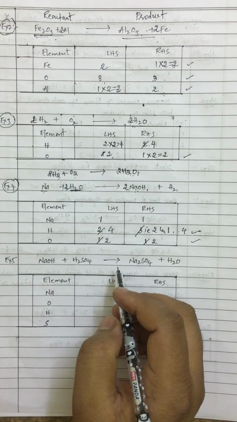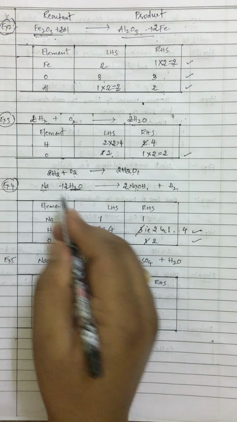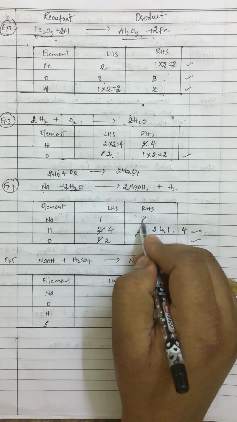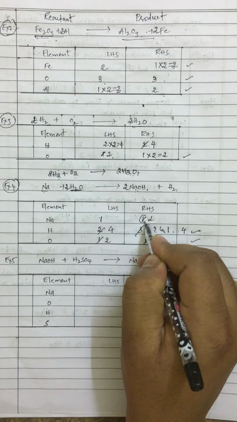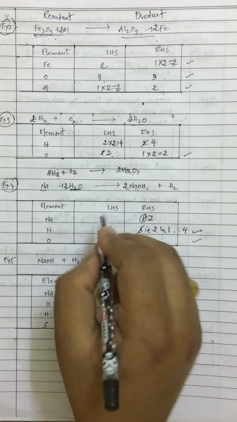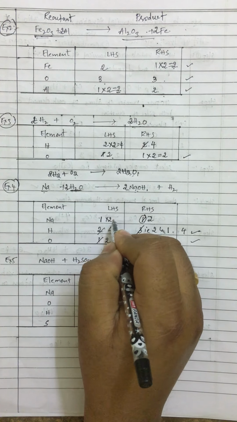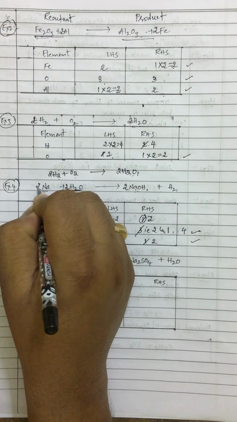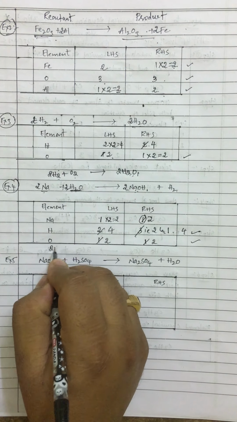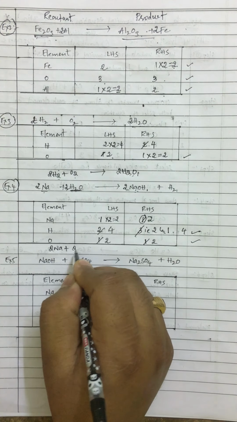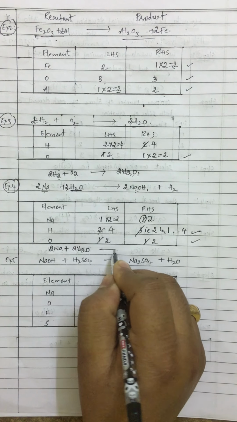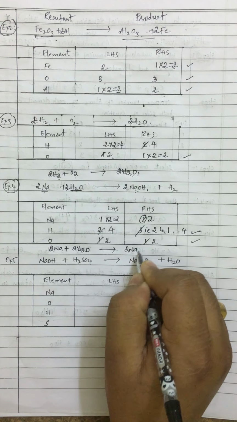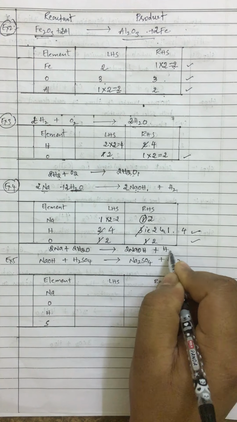Oxygen atoms are balanced. Now sodium, 1 on the left hand side, but we now get 2 on the right hand side. So we multiply with 2, and we get 2 sodiums. So our balanced equation is 2Na plus 2H2O gives rise to 2NaOH plus H2.